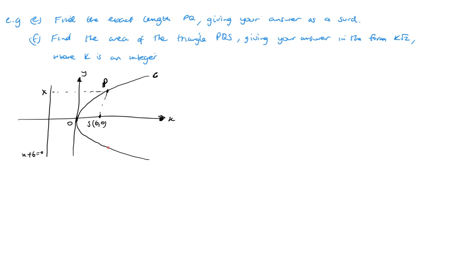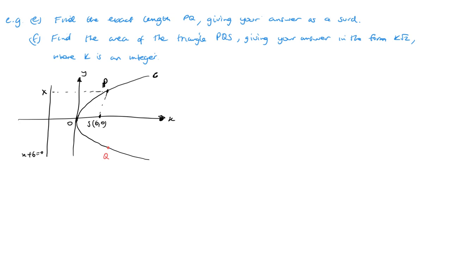Next we have to find the exact distance PQ. So Q, say, is down here somewhere. It couldn't be anywhere on the parabola. The definition of the parabola is that this distance always equals this distance, but when you're closer, it's a shorter distance than when you're further away.